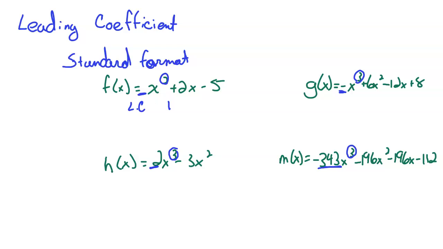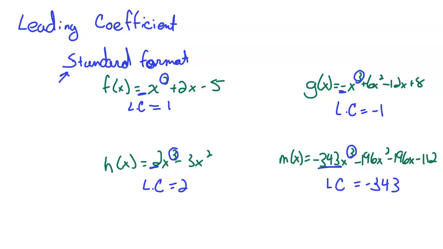So we would just have a positive 1. For h of x, our leading coefficient would be a positive 2. For g of x, our leading coefficient would be a negative 1. And for m of x, our leading coefficient would be a negative 343.